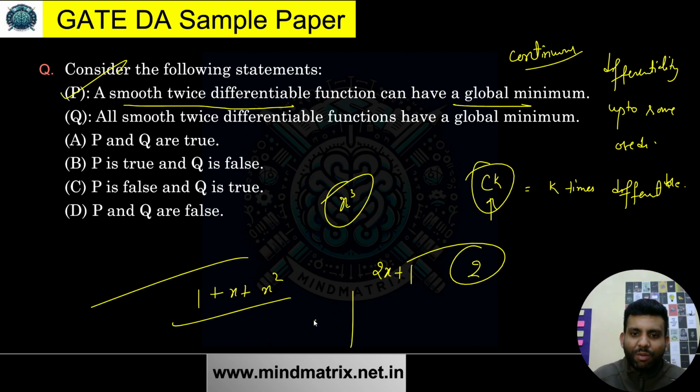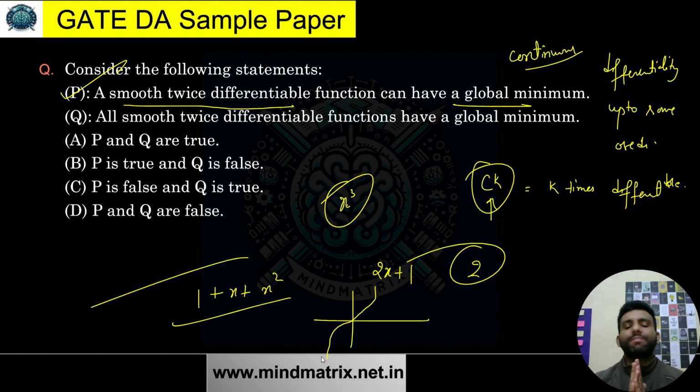The answer is no. The graph keeps on going in the lower direction. You won't see any point which is the global minima, because if you tell me minus crore is the global minima, then it goes further than that as well. So not all smooth twice differentiable functions necessarily have a global minima.